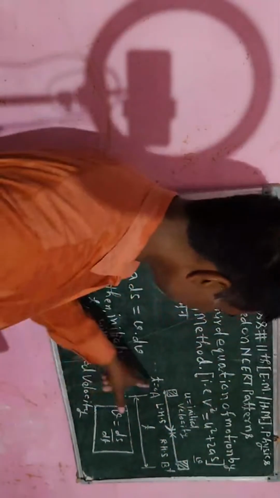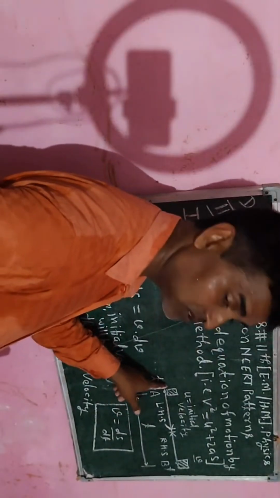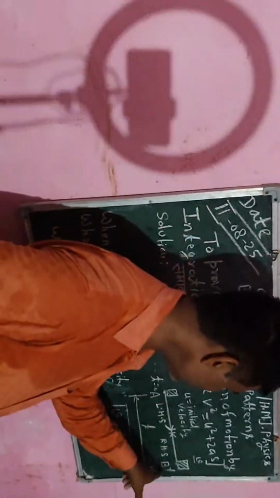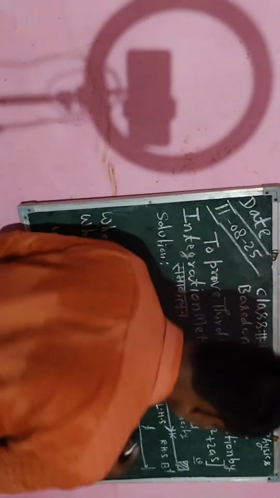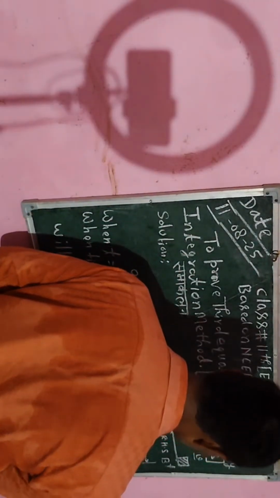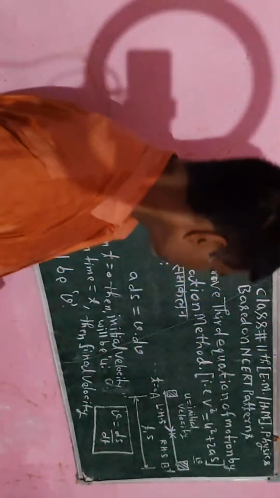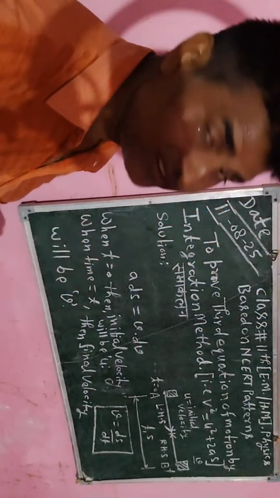At the point A, time is 0, so the value of displacement will be 0, but when time is t, displacement will be s, because from A to B the displacement is s. These are the information, and I will write it in equation number 1.